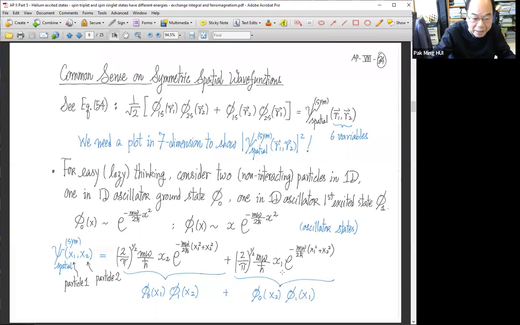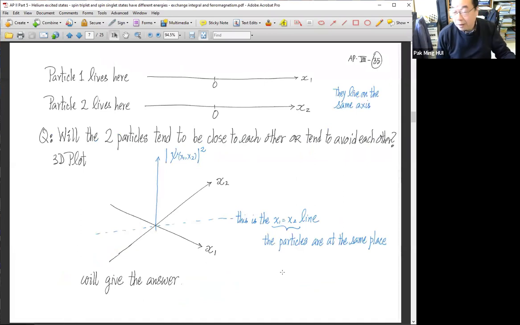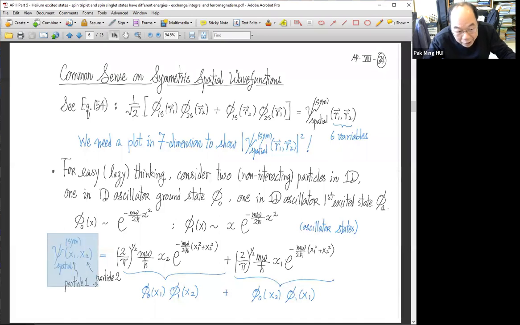Now, to help you see the picture that follows, particle number 1 lives on the x-axis, number 2 lives on the x-axis, they live on the same axis. So I can plot things out like this. x1, x2, the third axis is this thing squared.